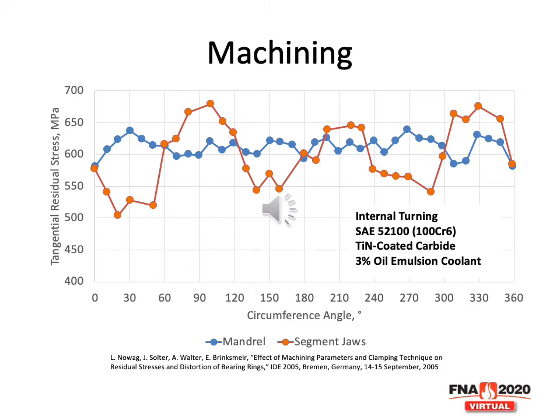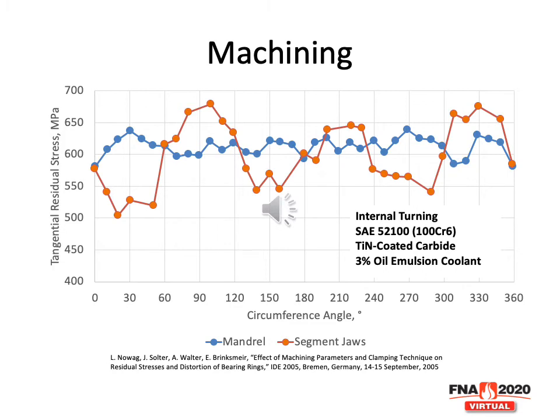For instance, if I look at the difference between a mandrel and segmented jaws in holding the part during turning, using good cutting practice, this makes a big difference in the amount of distortion that I'm seeing in my part. And in fact, you can see where the segmented jaws, where it's gripped at 3 locations, can have a big influence on the amount of tangential residual stress in the part.